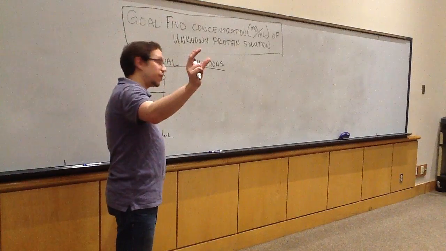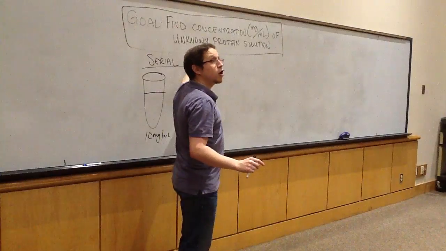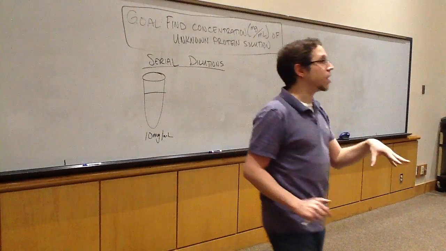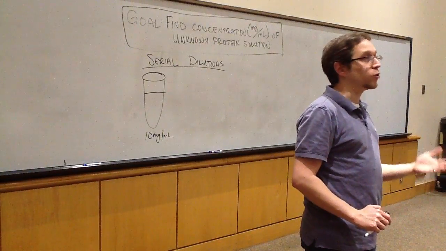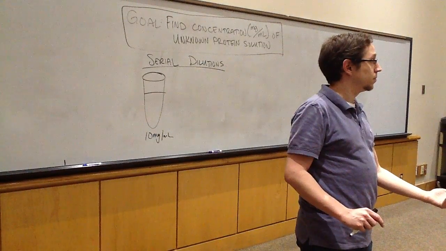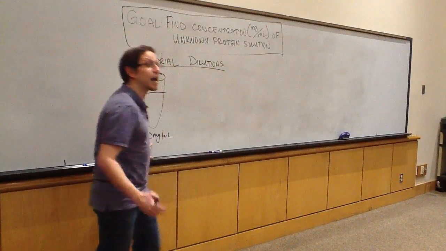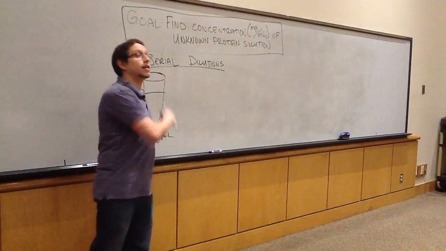Okay, so 0.5, and I know it's 10 milligrams per milliliter. Now if I take my unknown and place it into the spectrophotometer, and it also gives me an absorbance of 0.5, what is its concentration? 10 milligrams per milliliter. Because I just took this one that I knew, and I got its absorbance.